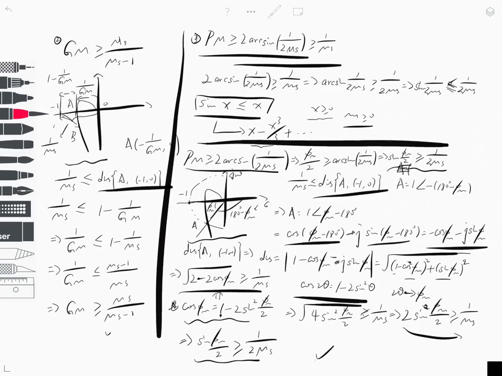And more interestingly, if you have the Ms of a certain control system, you can get the lower bound of the GM and phi m, which helps you identify two of the most important features in a control system, which are phase margin and gain margin. So I believe Ms is important, and if you get this, it helps you identify a lot of things. So you will get used to it in the future.